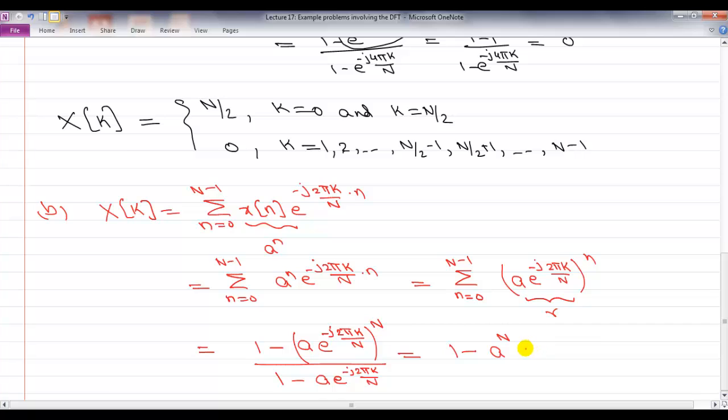I get 1 minus a to the capital N e to the minus j 2 pi k, because capital N cancels with capital N, over 1 minus a e to the minus j 2 pi k over capital N.